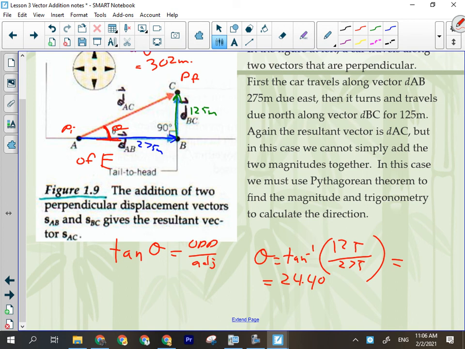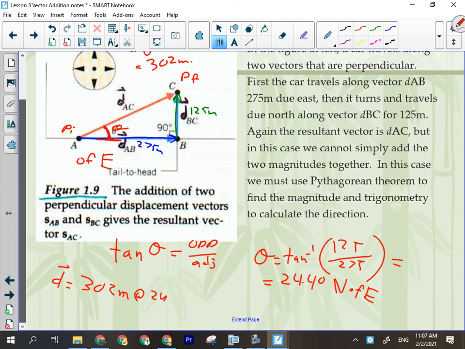Everybody follow me there? So this is 24.4 degrees north of east. Our final answer is that the total displacement is 302 meters at 24.4 degrees north of east.